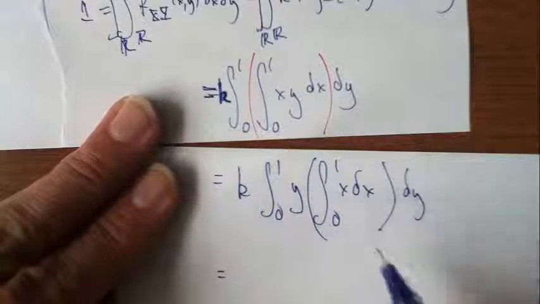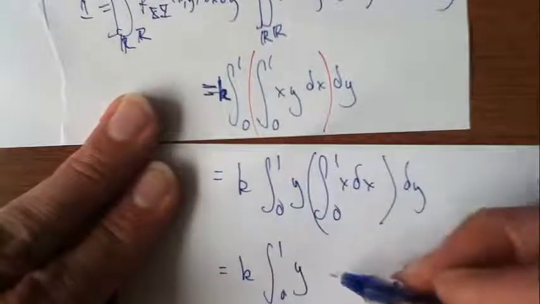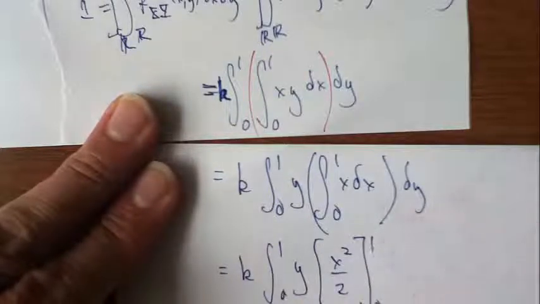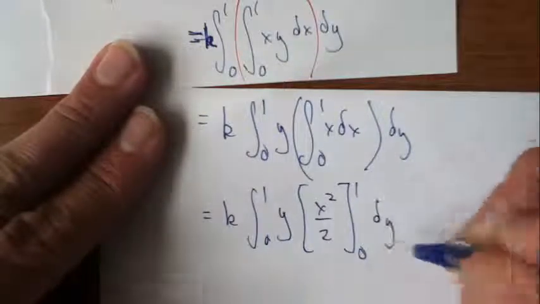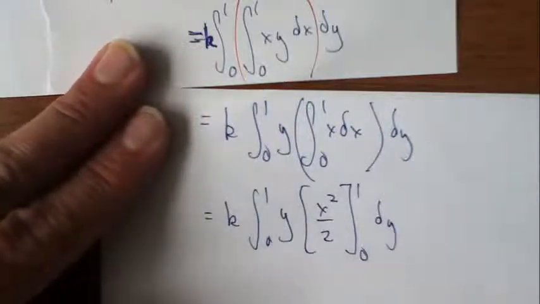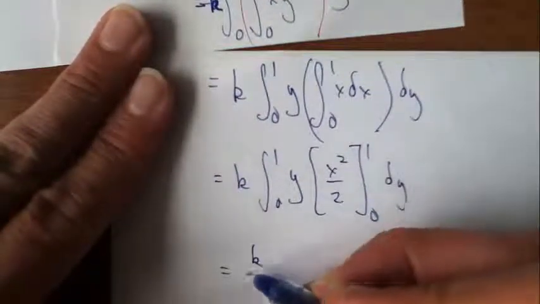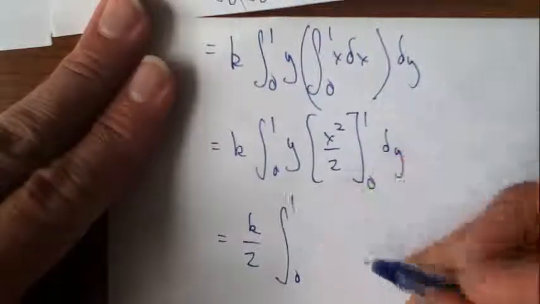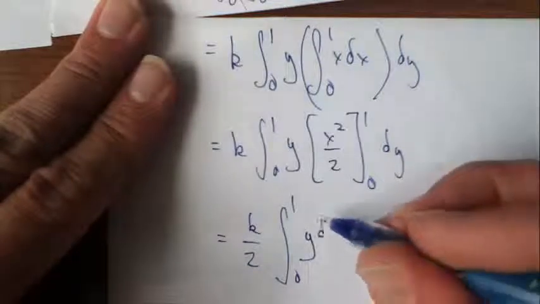Now I can just do that integral on the inside. It's just going to be x squared over 2, 0 to 1, dy. All of this is just a half, isn't it? I'm just left with the integral from 0 to 1, y dy.